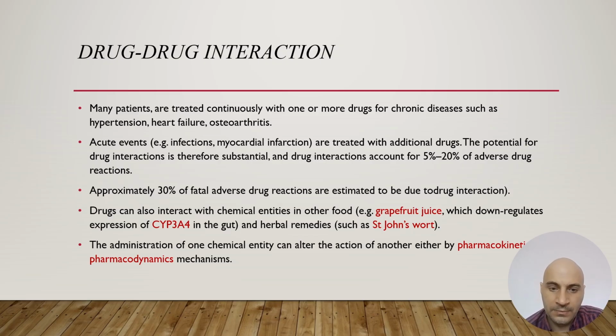Drugs can interact with other chemical entities other than other drugs, so any substance can cause interactions. An example in food would be grapefruit juice, which downregulates certain cytochrome P450 enzymes and leads to toxicity of some drugs.